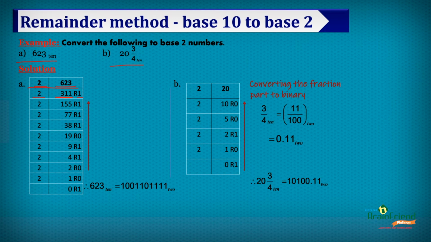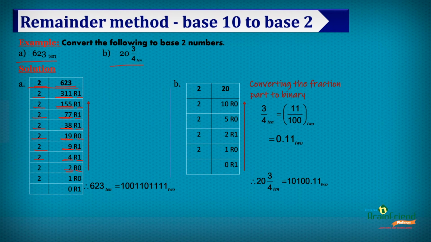311 divided by 2 gives us 155, remainder 1. 155 divided by 2 gives us 77, remainder 1. 77 divided by 2 gives us 38, remainder 1. 38 divided by 2 gives us 19, remainder 0. 19 divided by 2 gives us 9, remainder 1. 9 divided by 2 gives us 4, remainder 1. 4 divided by 2 gives us 2, remainder 0.